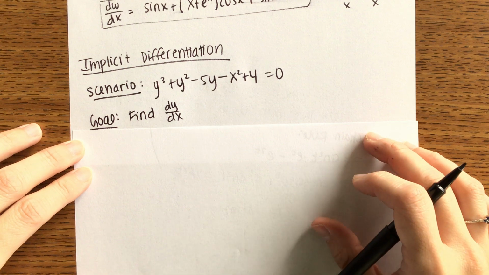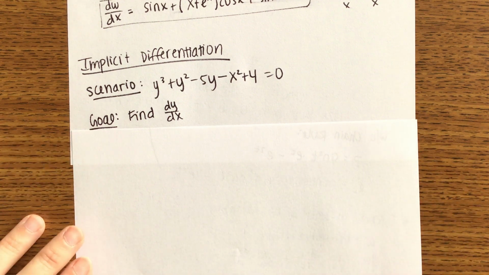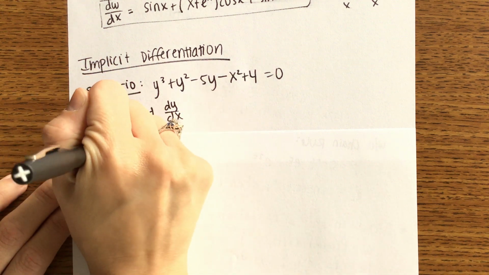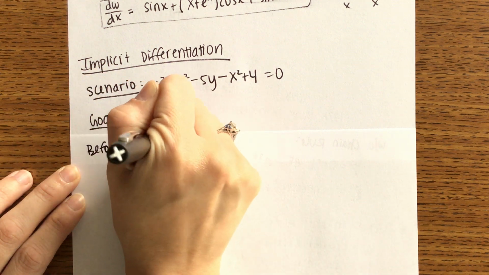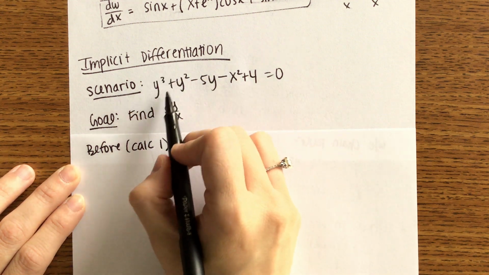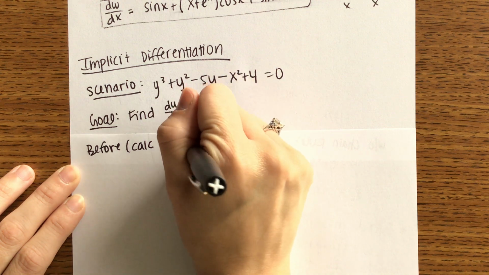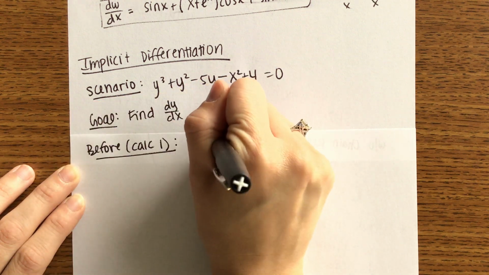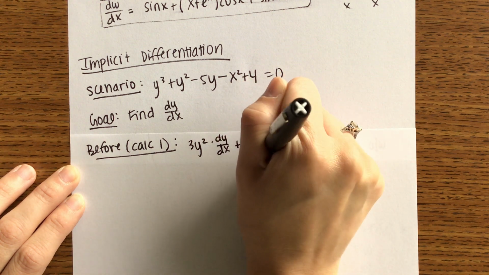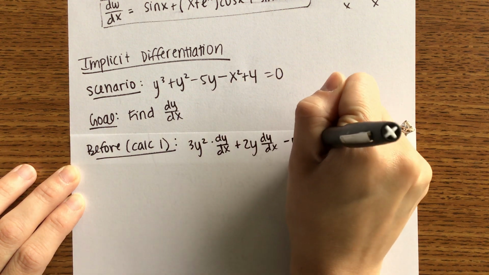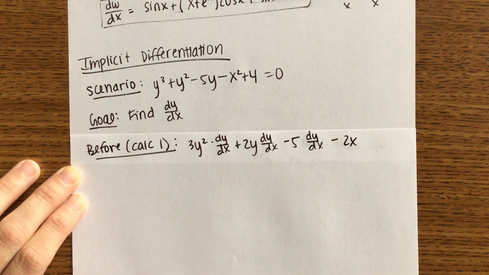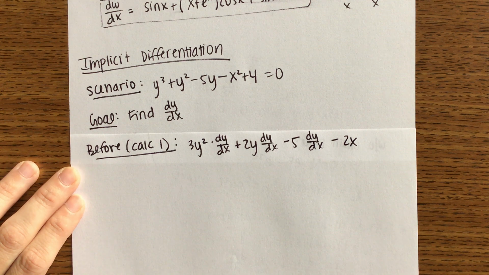Okay, there are 2 different ways to approach this problem. One is the Calc 1 way and one is the Calc 3 way. We're going to do both. So here's what you did before when you were in Calc 1. You took the derivative of each piece. So the derivative of y cubed, you got 3y squared dy/dx, plus 2y dy/dx, minus 5 dy/dx, minus 2x, and that gets dx/dx, but that's just 1, so you don't need to write anything.